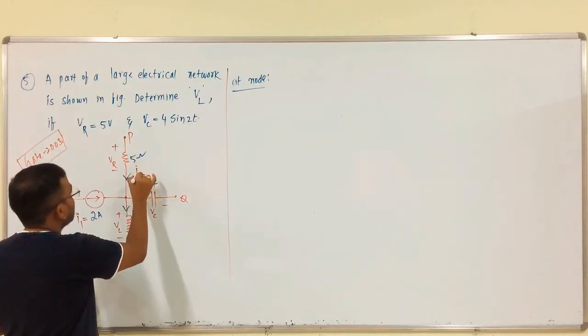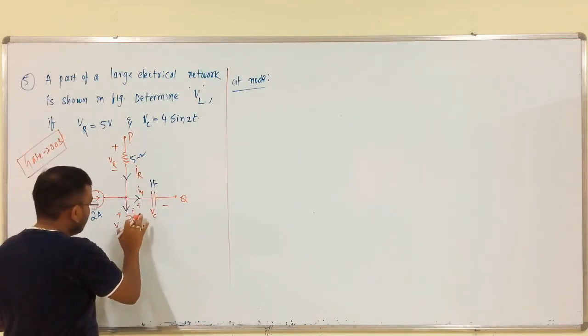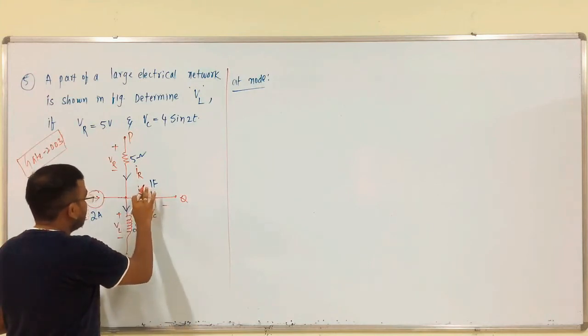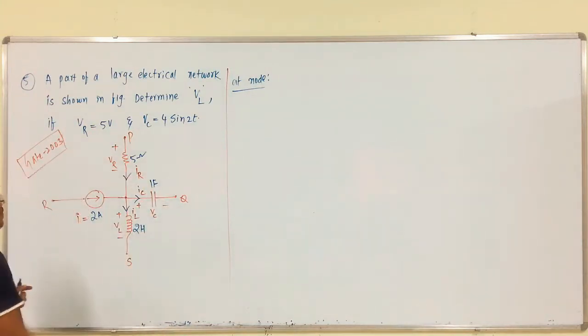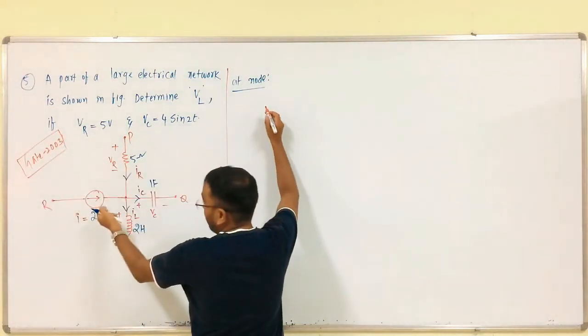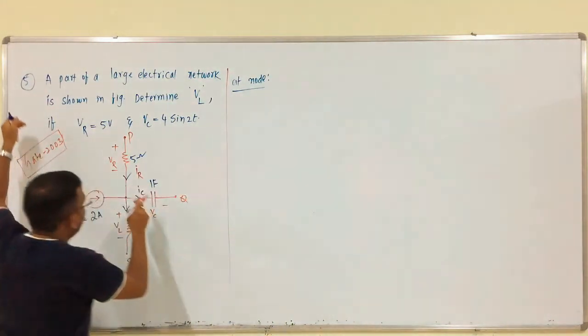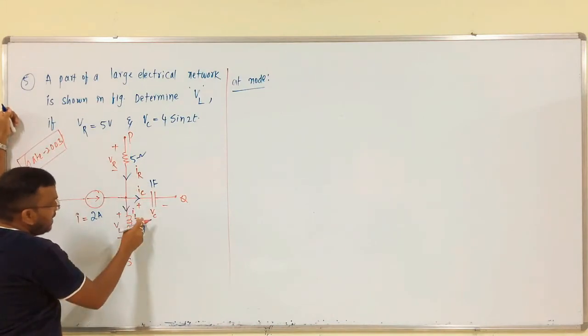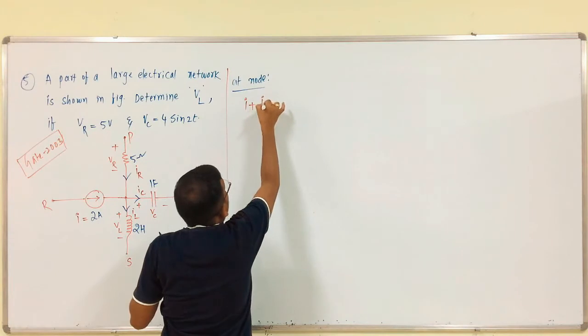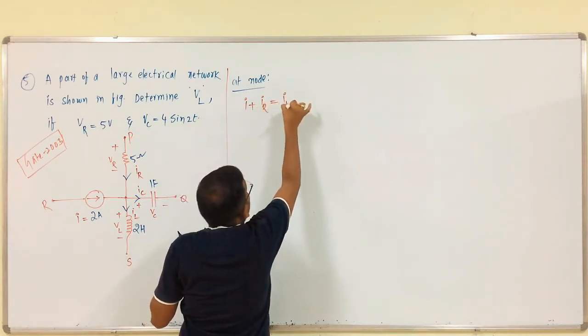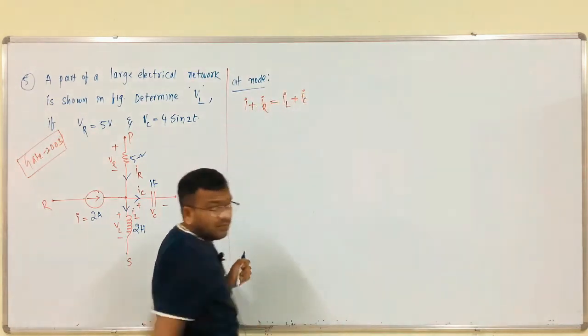The current through this resistive branch is IR, this is IL, this is IC, it is better, right. This is simple I. Okay. At the node, this I is entering, IR is also entering, IL is leaving, IC is leaving. So, I plus IR is equal to IL plus IC, clear.